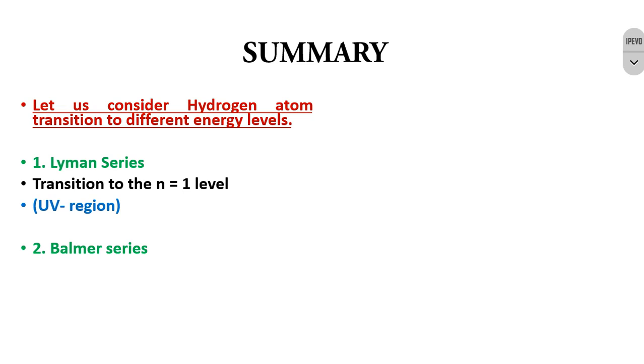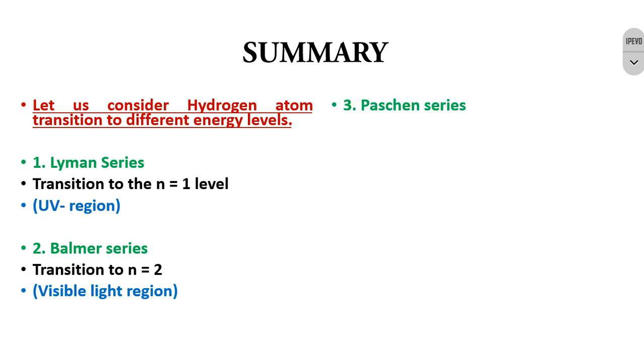For the Balmer series, the vertical lines terminate at n equals 2. That is the visible region. For the Paschen series, the vertical lines terminate at n equals 3 level, which is the infrared region.